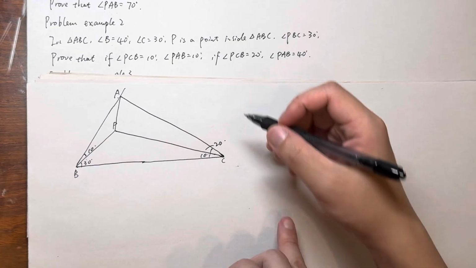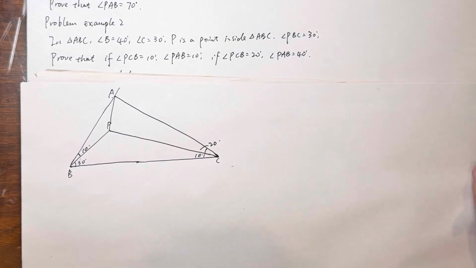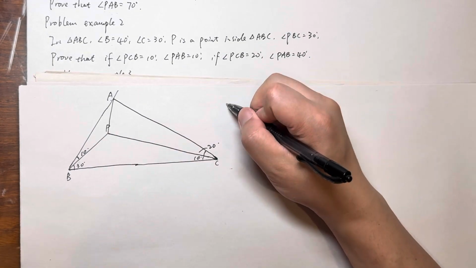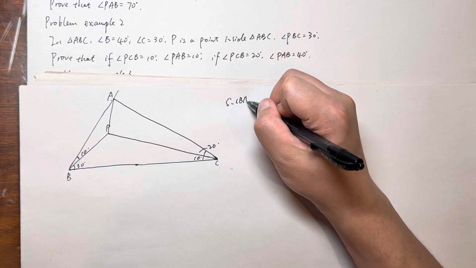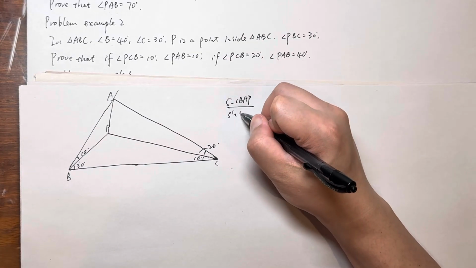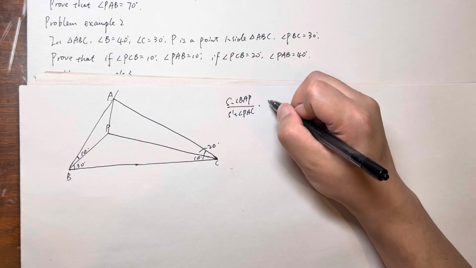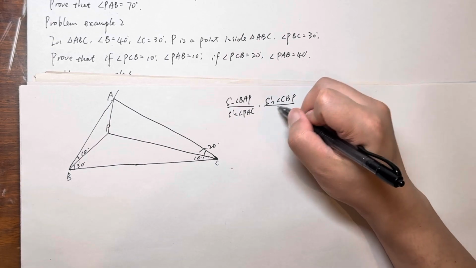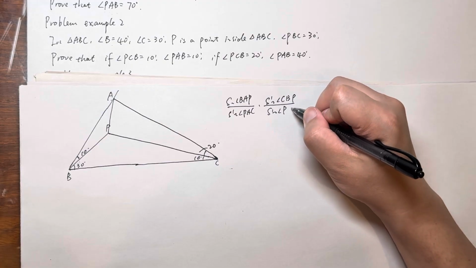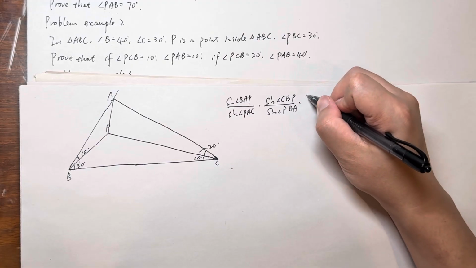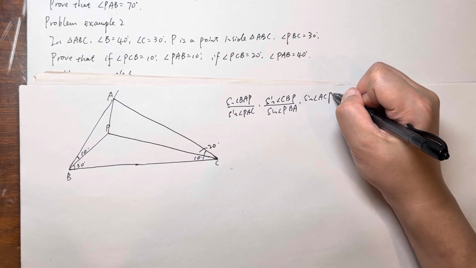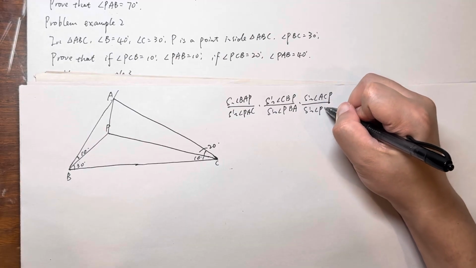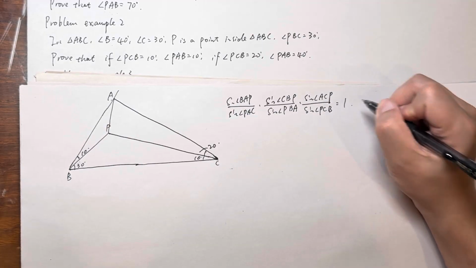So similarly, we use the exact same method here. We know that sine angle BAP to sine angle PAC times sine angle CBP to sine angle PBA times sine angle ACP to sine angle PCB equals 1.